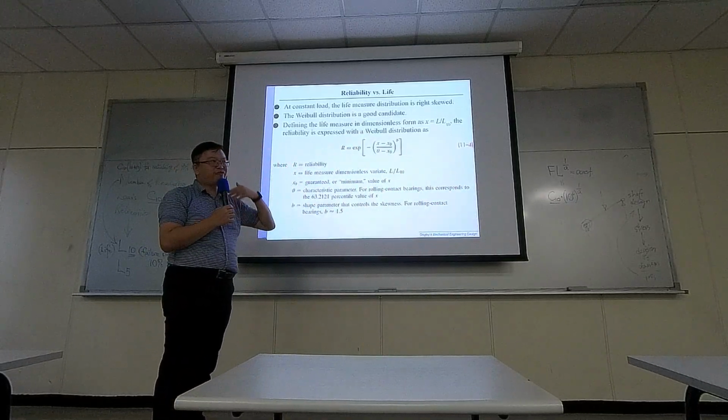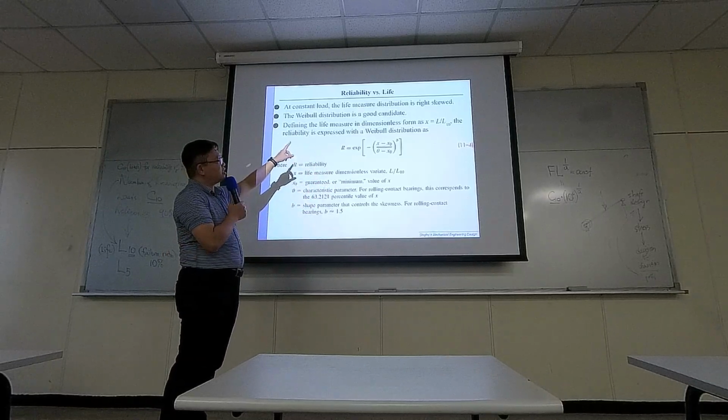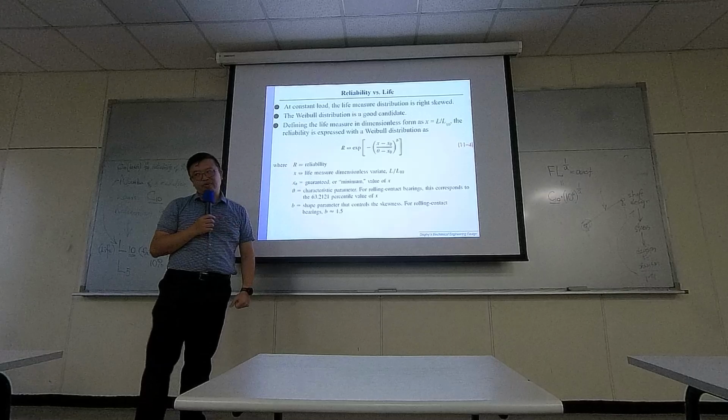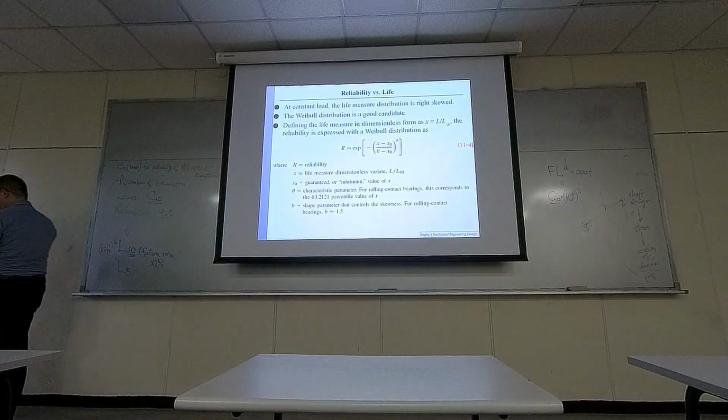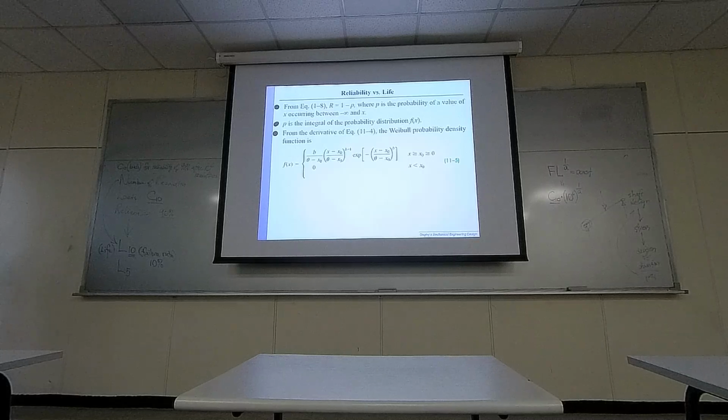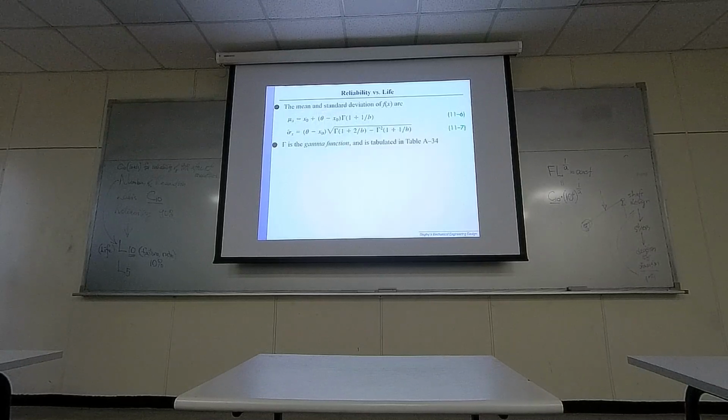So if you are looking for a different amount of reliability, they provide a second equation. In this textbook, they use the Weibull model. Okay. I don't want to talk too much about reliability, so I think that's enough.